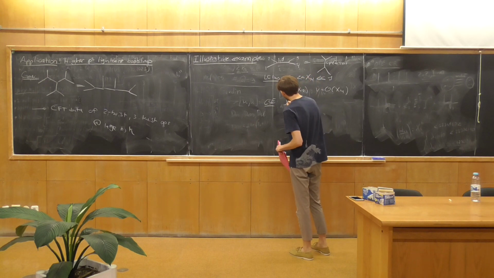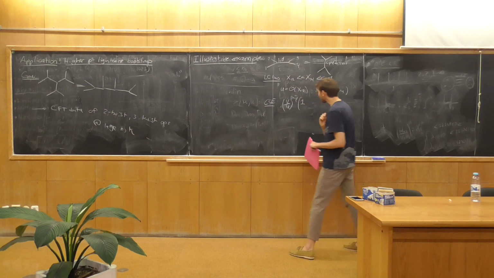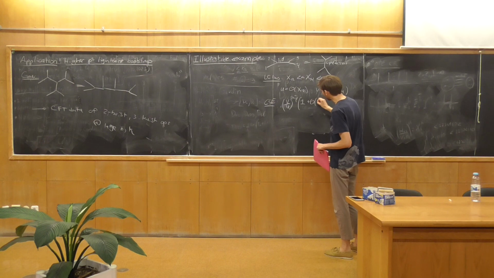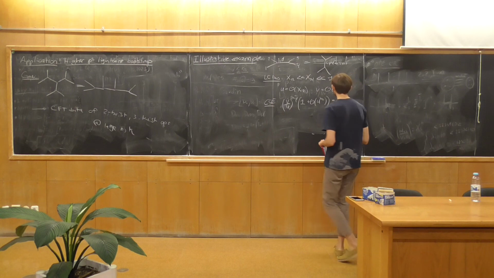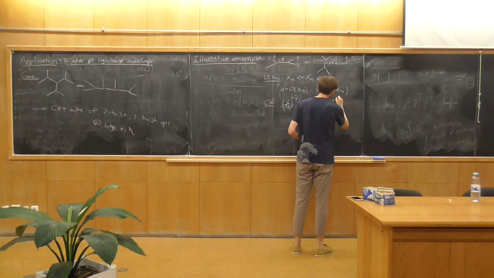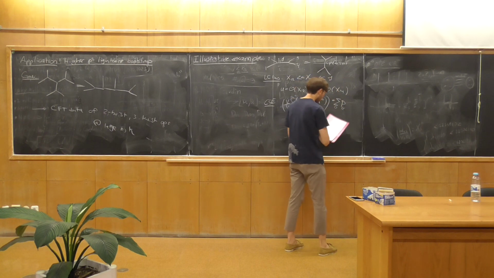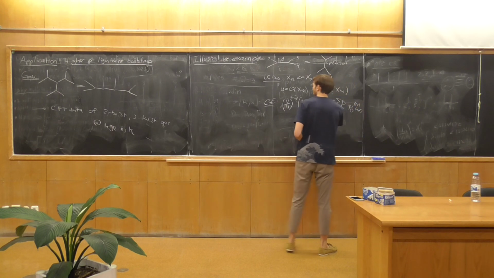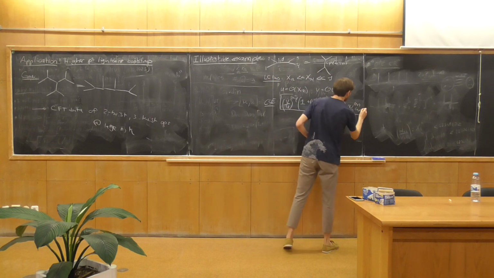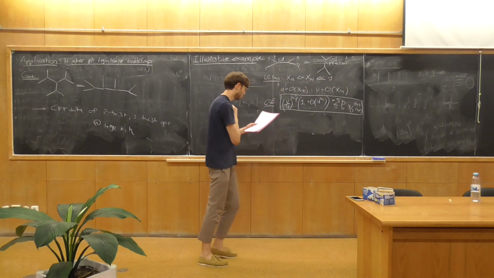So on the left-hand side of the crossing equation, I get some power law at leading order times 1 plus higher twist contributions from the leading twist operator O. And this will be equal to a sum of blocks in the cross channel with a product of OPE coefficients, which I generically call the O. This depends on 2 cross ratios. So this is the object of study, and as you know, we can do bootstrap with this.